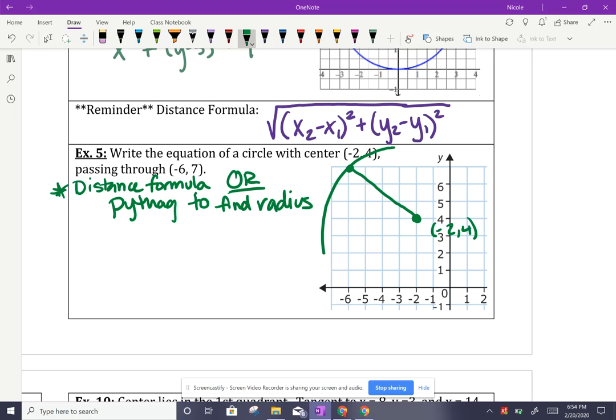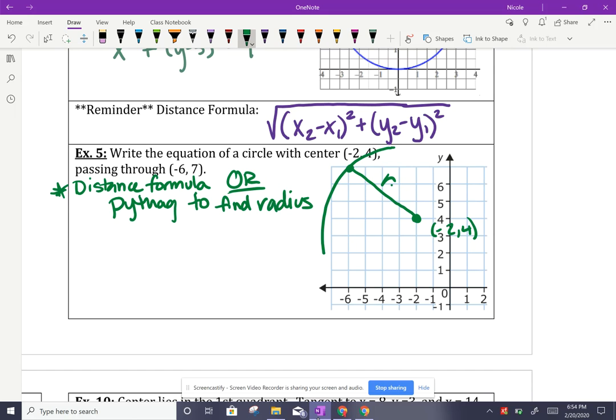For those of you who didn't know this, the distance formula and Pythagorean theorem are basically the same thing. One is derived from the other. It's just done a little differently. If you really want to know how the two are related, ask me in class, and I will happily show you how you can go from one formula to the other. It's really interesting. Anyway, so if I look at this line I created, that's going to be my radius.